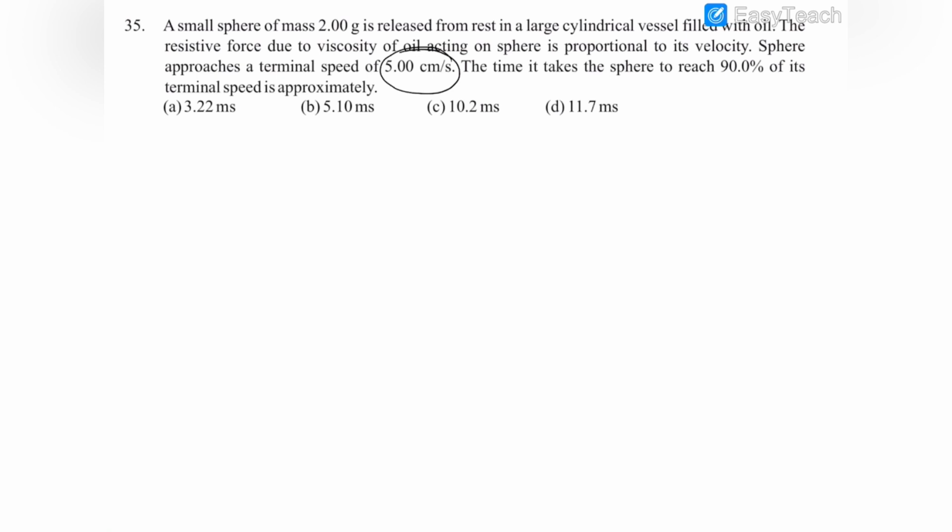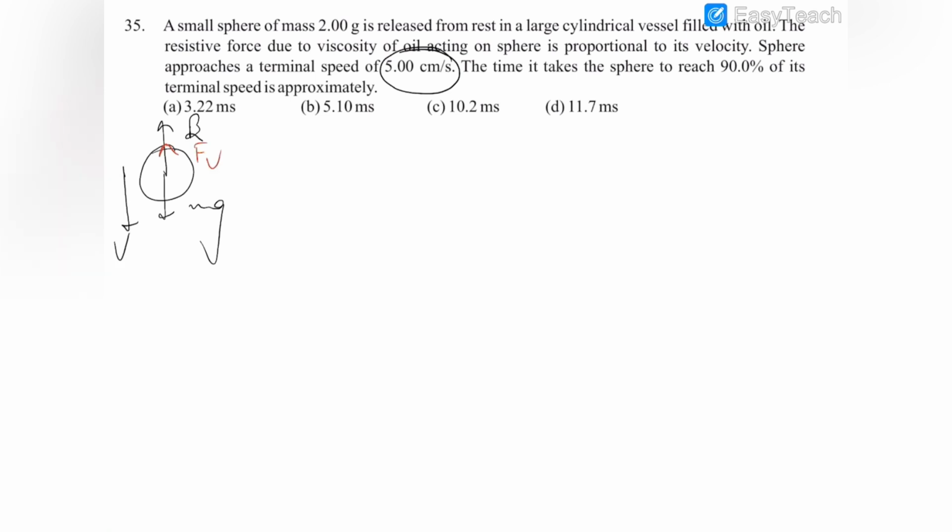So we have to find out the time in which the ball will reach 90% of its terminal velocity. We know that when a ball is traveling in a liquid, then at any instant of time, mg is acting in the downward direction, buoyancy is acting in the upward direction, and viscous force is acting in the opposite direction of the velocity.